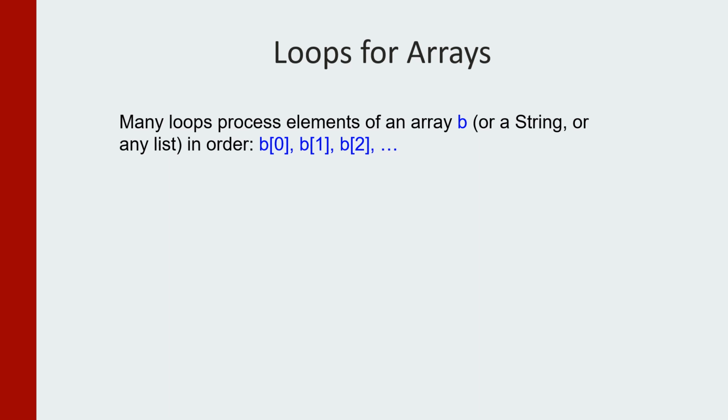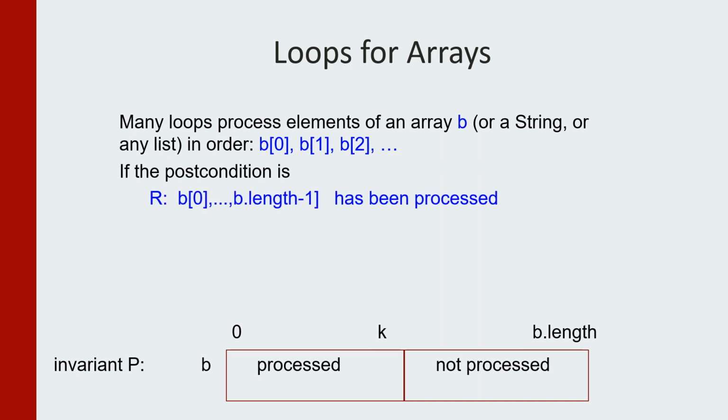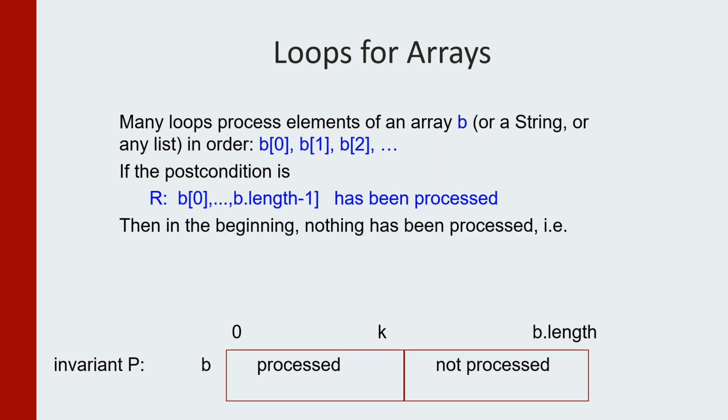So we often see B of 0, B of 1, B of 2, and so on. When you have this invariant then, basically you can think of it as the part of the array B that's been processed, and then the part of B that's not been processed. So if the postcondition is specifically, I want the whole array from 0 to length minus 1 to have been processed, then at the beginning, nothing has been processed.